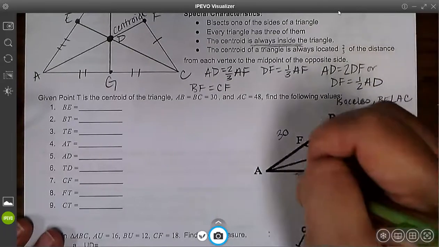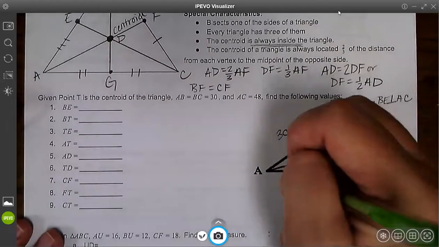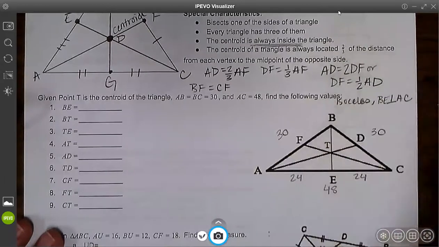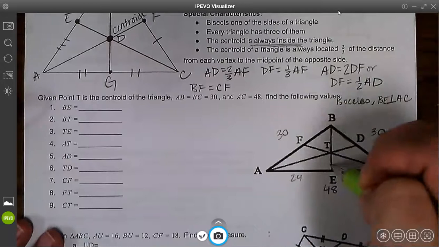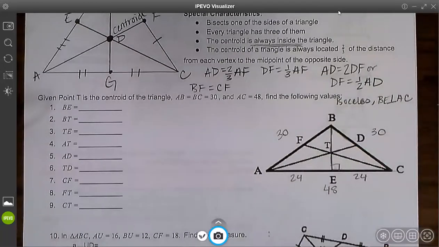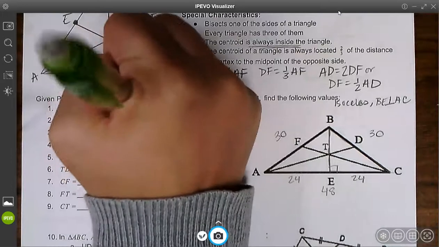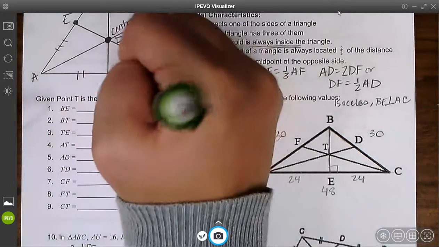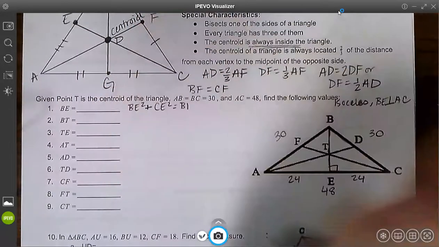Since these are medians, we know that CE and AE are half of 48, which is 24. So what we've got here to find BE is a right triangle. So to find BE, we can say that BE squared plus CE squared equals BC squared.